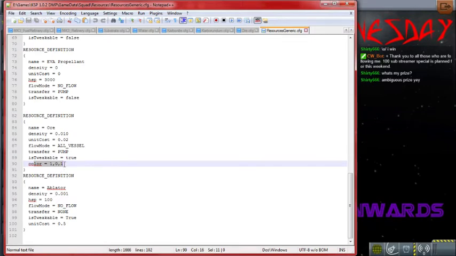So, the next question is, how do you then scan for resources? Well, slight point of contention.